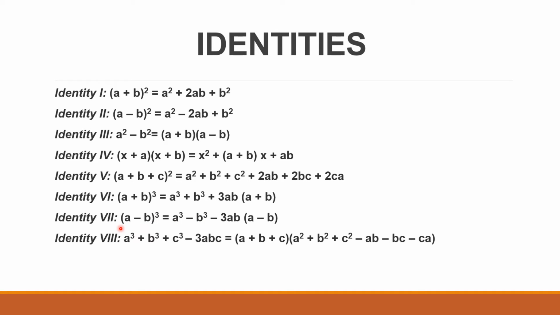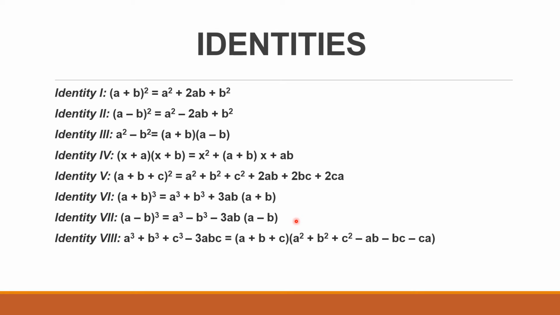For a minus b whole cube, it is a cube minus b cube minus 3ab and bracket a minus b. You can also expand it as a cube minus b cube minus 3a square b plus 3ab square. Whichever is easier for you to learn, you can learn in that way.